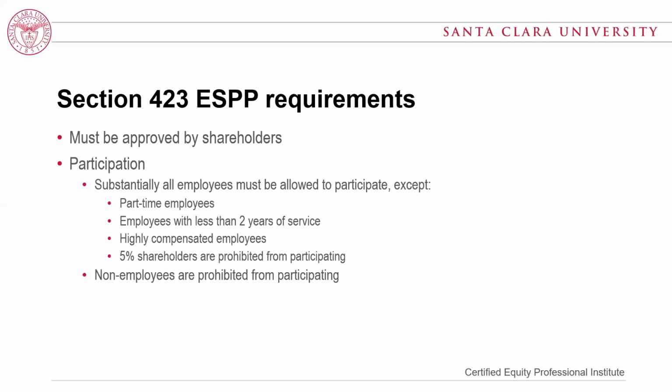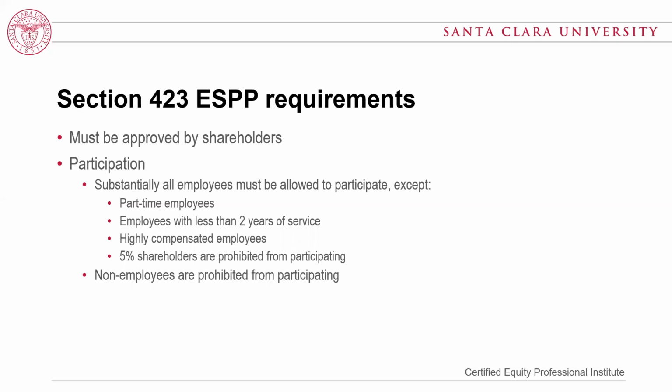Participation: almost all employees must be allowed to participate, with exceptions for employees who typically work less than 20 hours a week, employees with less than 2 years of service, employees who regularly work for fewer than 5 months in a calendar year, and highly compensated employees.